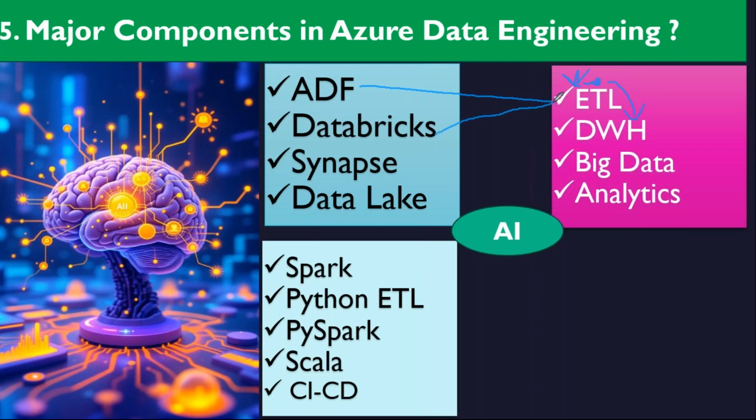Databricks is also for the same purpose, ETL, and they do data warehousing as well. Synapse, ETL to data warehouse and big data operations. Data Lake, big data and analytic activities.